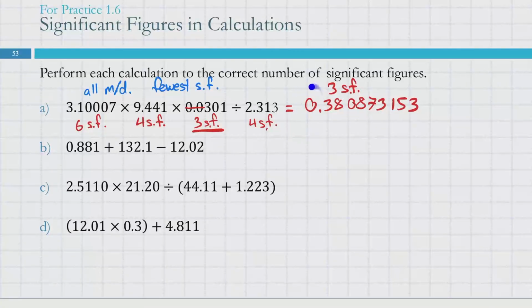This leading zero is not significant, so we're starting to count at the 3, 3, 8, and then the 0 would be our last significant figure. We would look at the next number and only the next number to see how we round. 8 is bigger than 5, and so we're going to round up. So this turns into 0.381. And that would be the number that we would report.